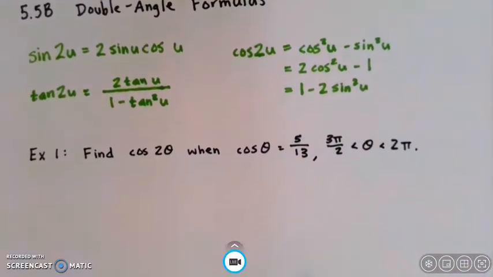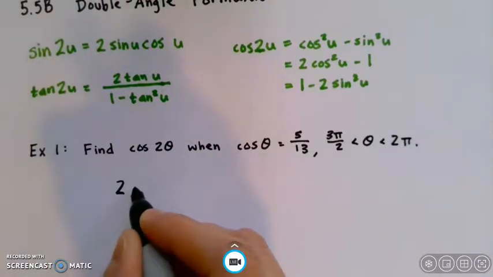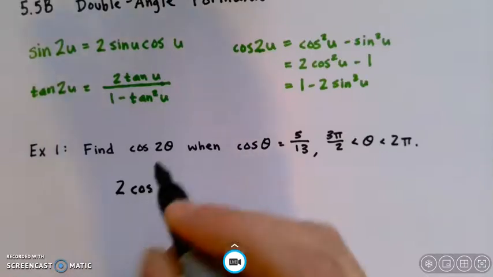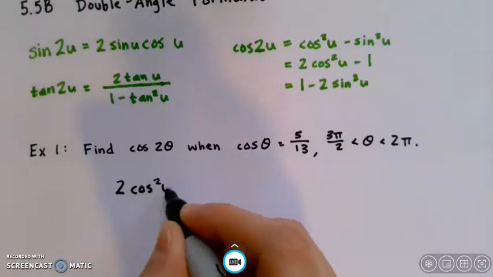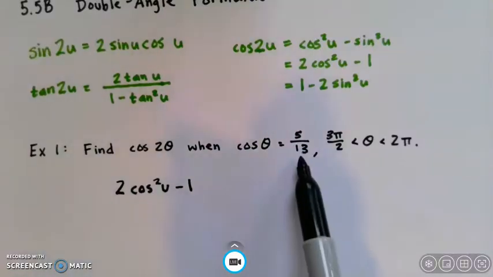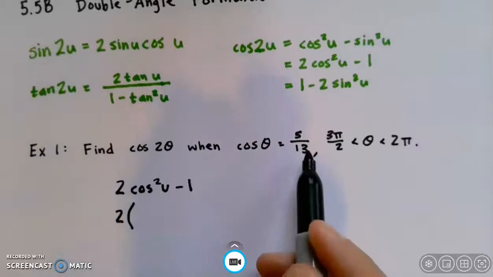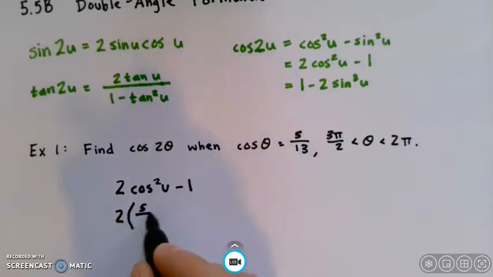So let's go ahead and plug in. I'm just going to write out the formula first. 2 cosine squared of u minus 1. Okay, now we want to plug in cosine squared, and we only have cosine. So when we plug in, we're going to do 2 times 5 over 13, and I'm going to have to square that, minus 1.